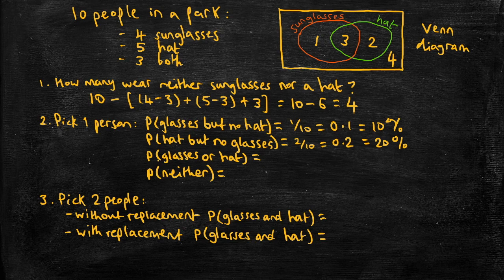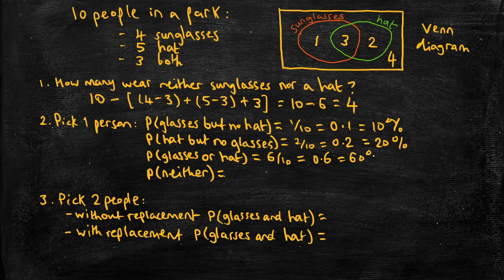How about the probability that this person has either sunglasses or a hat on? So that's the people inside the orange and the green circles all together. So 1 plus 3 plus 2, so that comes to 6 out of 10, or 60%.